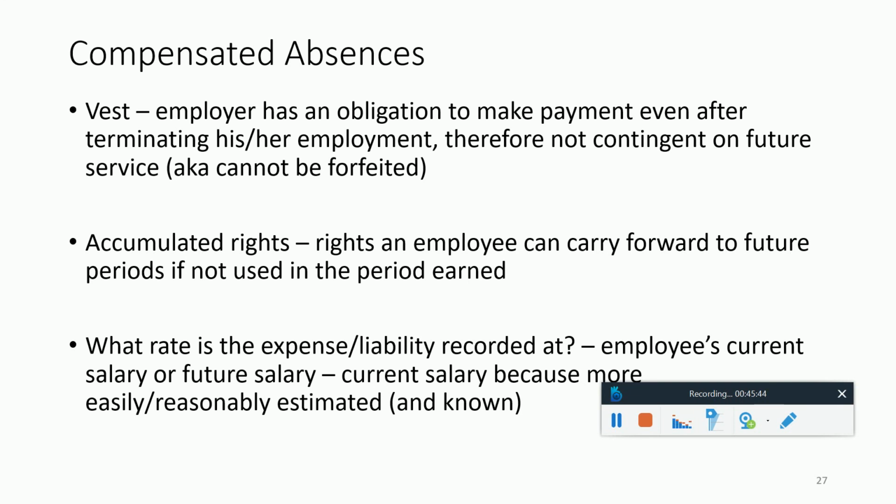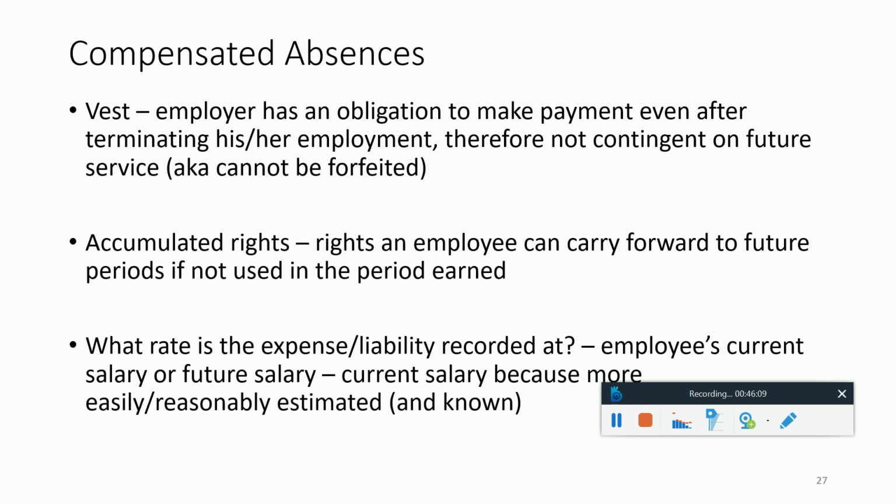So we talked about vesting a little bit, that it cannot be forfeited. You accumulated rights, or the rights that an employee has to carry forward to a future period if it's not used in that period. So some companies have rules around how much time you can carry over. Some companies require that you use all of your time in the year that it's earned.